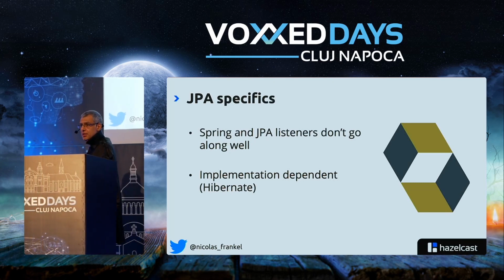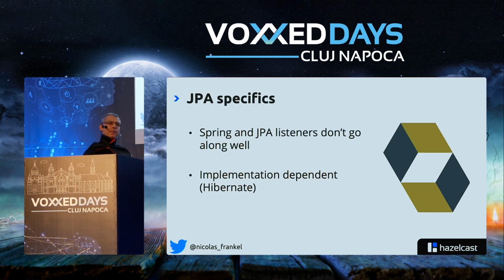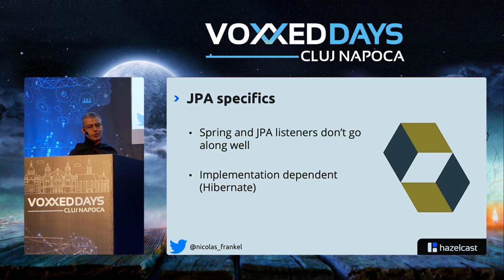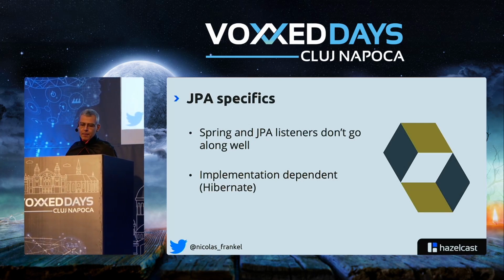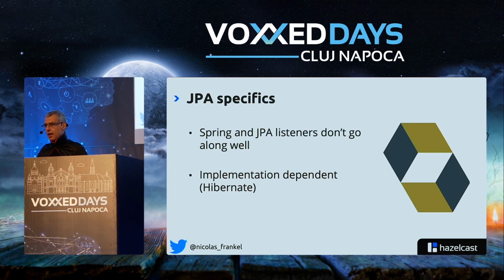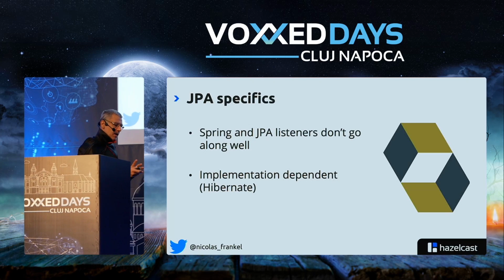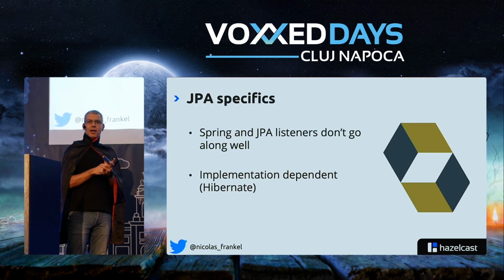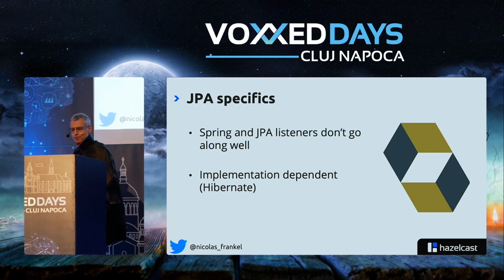There are listeners in JPA, but the problem is they cannot be injected with Spring. So basically I had to resort to dirty and cheap tricks and go down one level, the abstraction layer, and directly create Hibernate listeners. You know, there is a whole event-driven model inside of Hibernate, so you can listen to changes and stuff like that. That's really good.